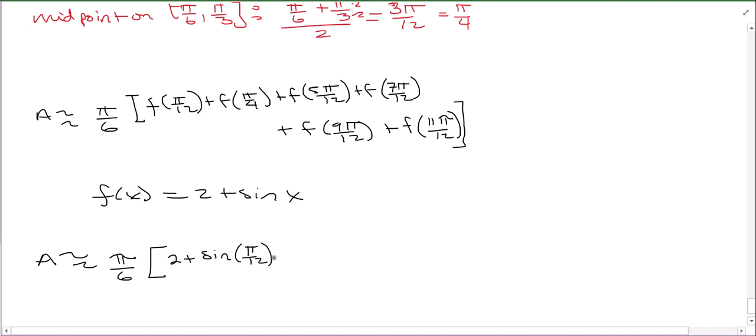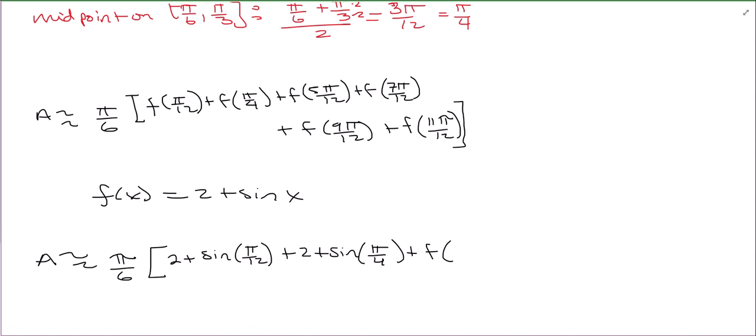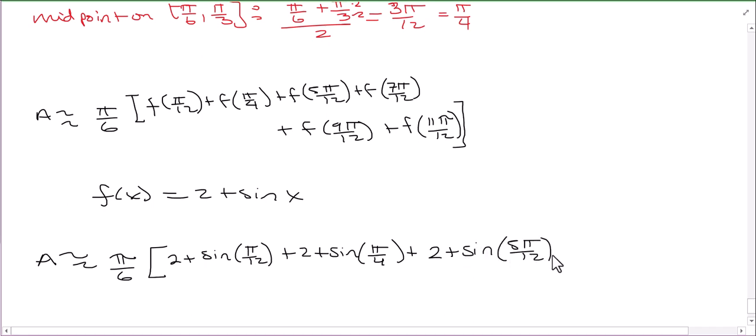We'll definitely need our calculator for this one, plus 2 plus sine of pi over 4 plus, oops, not f of, 2 plus sine of 5 pi over 12, and you kind of get the point here. So complete all 6 and put in your calculator to evaluate.